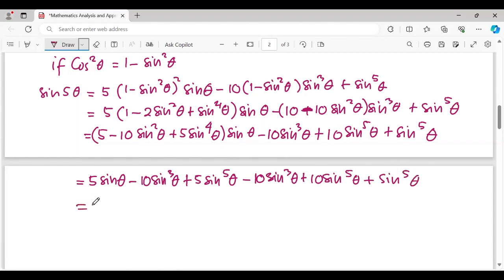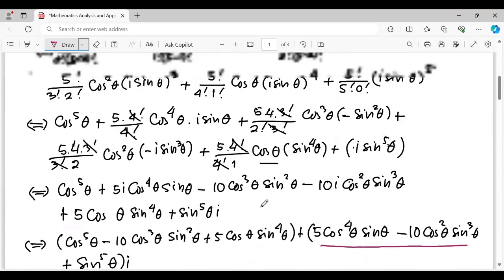And the next is to collect terms: 16 sine to the power 5 theta, minus 20 sine cubed theta, plus 5 sine theta.